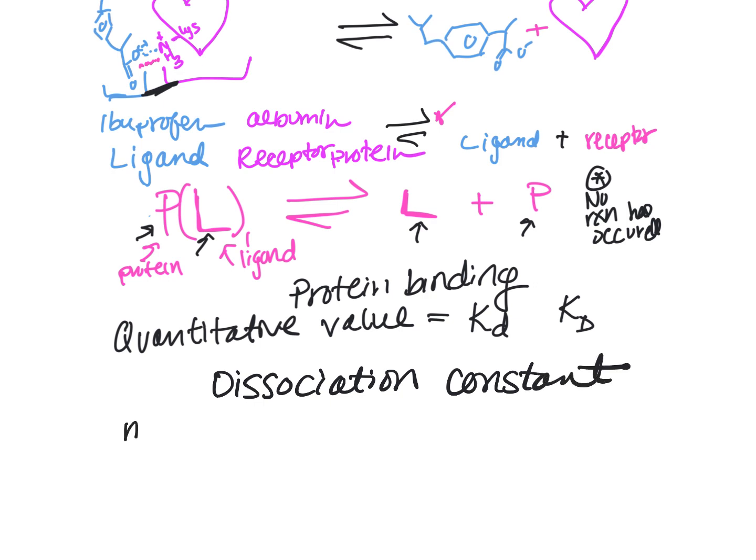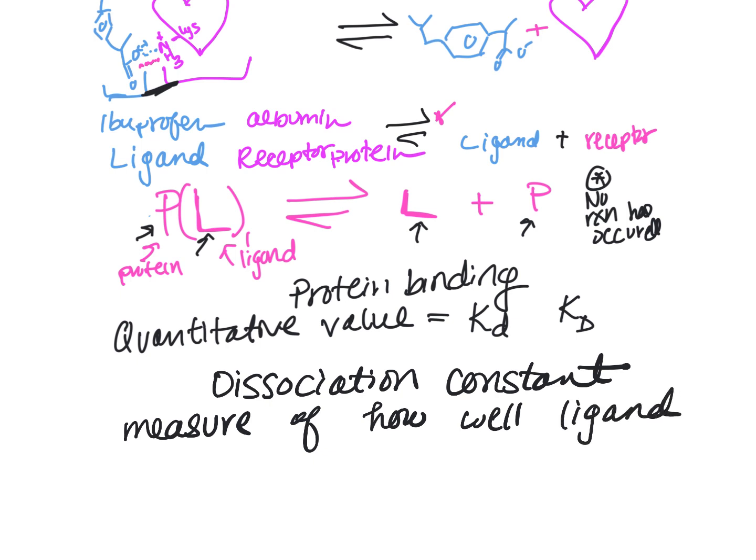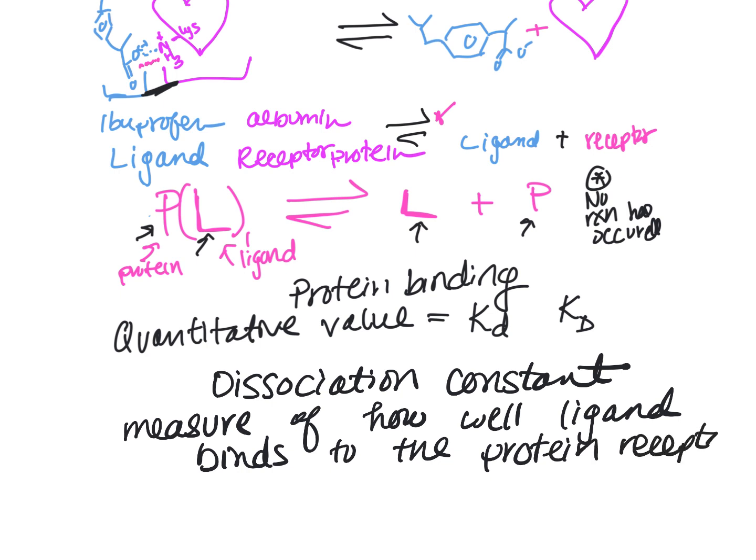Okay, and it's a measure of how well the ligand binds to the protein or the receptor, or the protein receptor. Okay, we sometimes also call this affinity, the binding affinity.